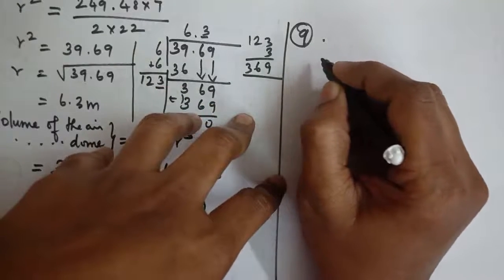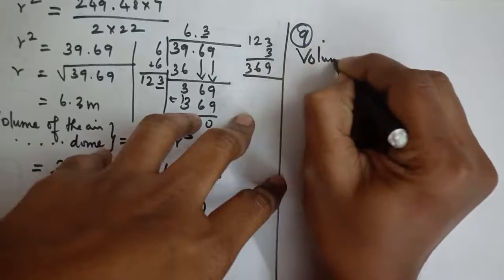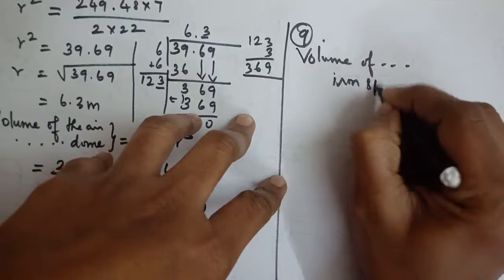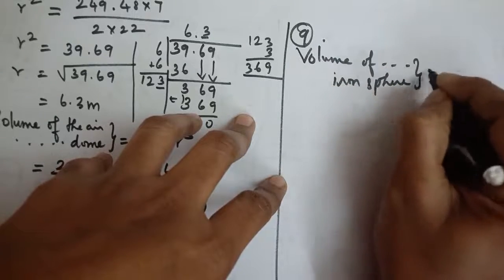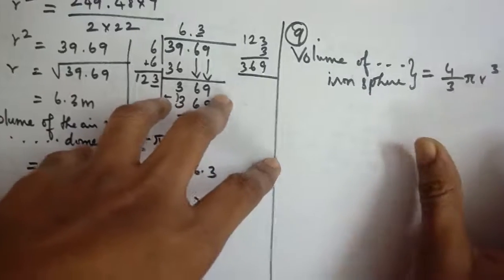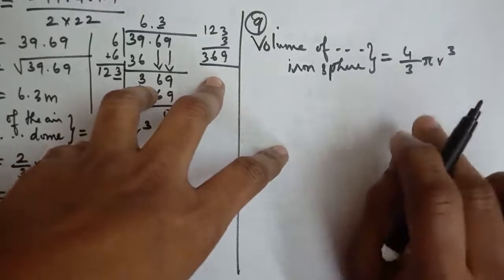First, the volume of a solid iron sphere. What is that? Volume of a solid iron sphere is equal to 4 by 3 pi r cube, because we don't have the measurements, so we write the formula only.